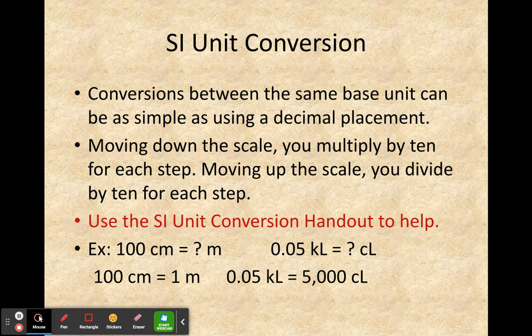To the right. So we're going to raise the kiloliters: 1, 2, 3, 4, 5. So we add 3 zeros. So 0.05 kiloliters equals 5,000 centiliters. That makes sense? How we did that on there?